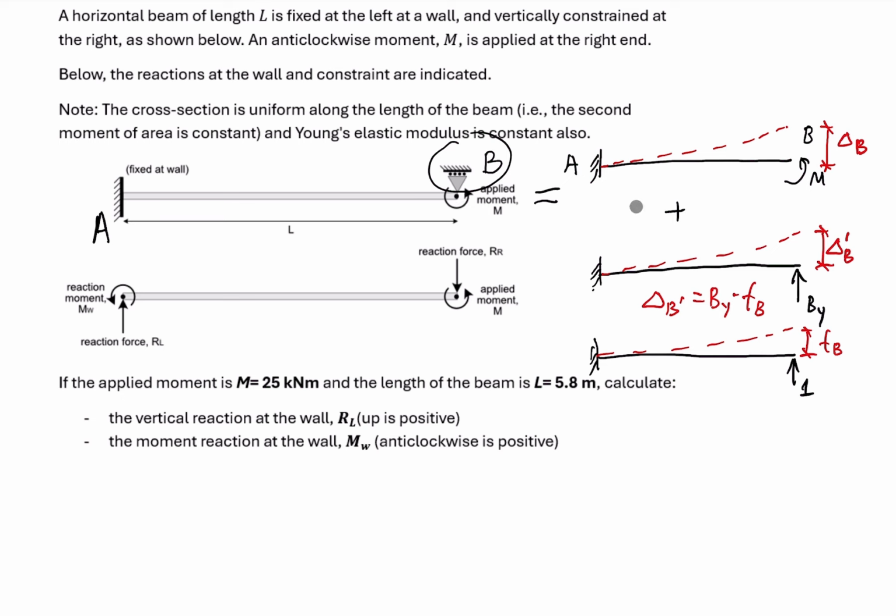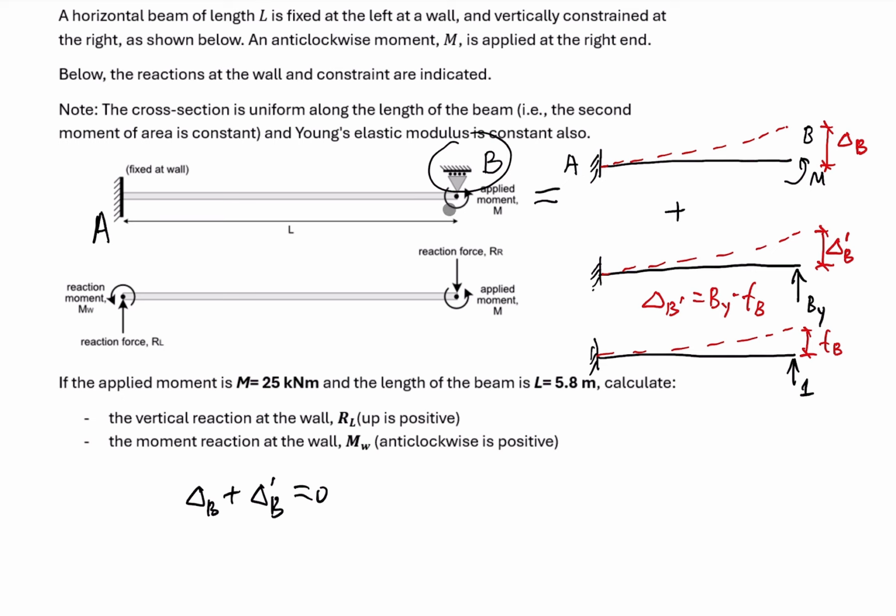After we combine these two structures, we must make sure that delta B plus delta B prime equals 0. Then we can make sure that these two structures combined together return to the original structure.